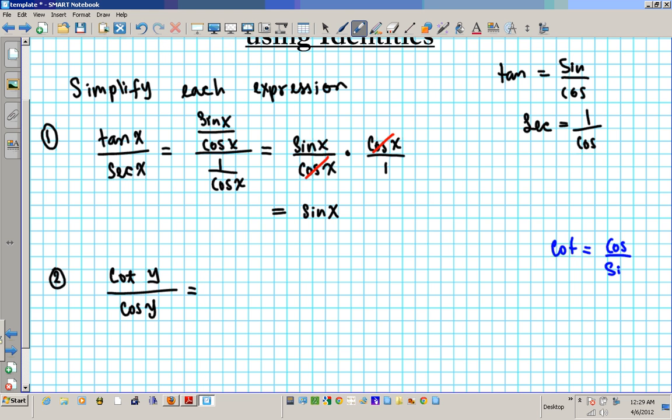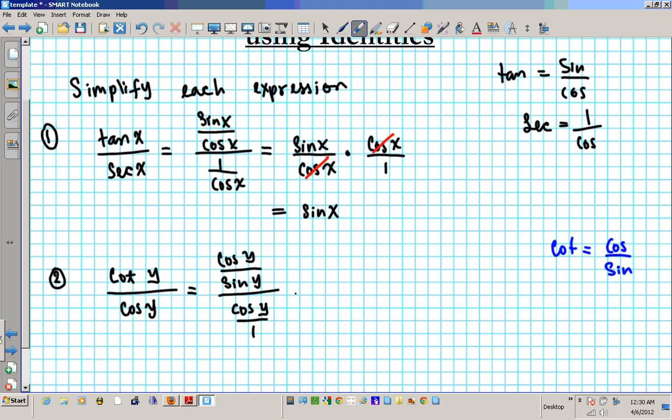So the numerator cotangent y is going to be cosine y divided by sine y, and then divided by cosine y. Cosine is already one of the parent functions, so I'm just going to leave it as cosine y divided by 1. I'm expressing the denominator as a fraction because I want it to match the numerator.